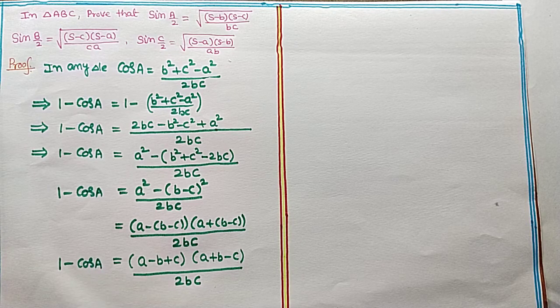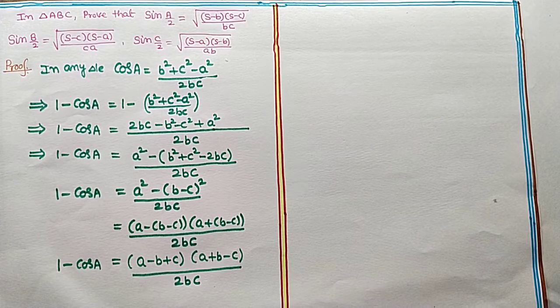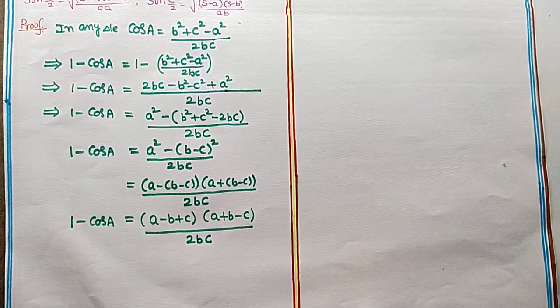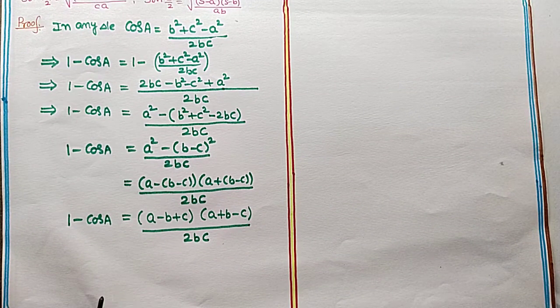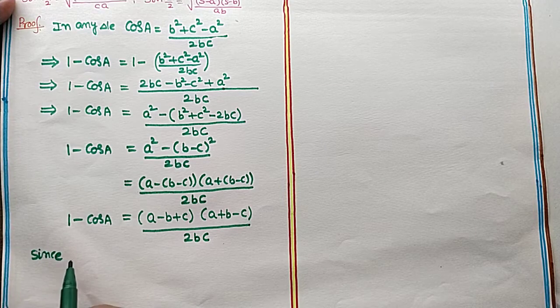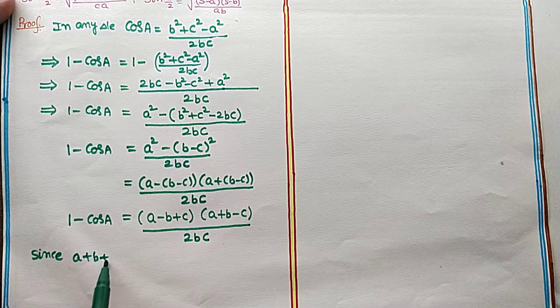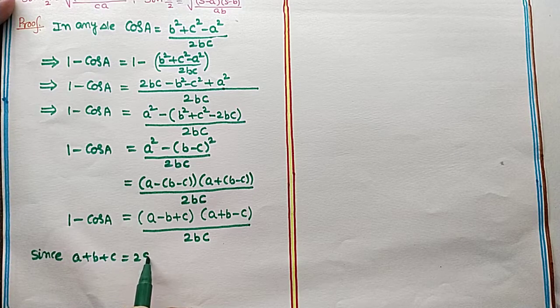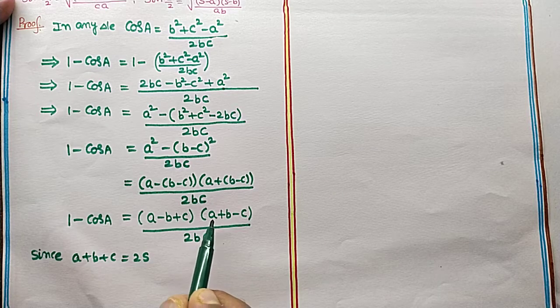After that, we need to calculate the values of a plus b minus c and a minus b plus c. Since for the perimeter of the triangle we have the formula a plus b plus c equal to 2s, from this we need to calculate a plus b minus c.